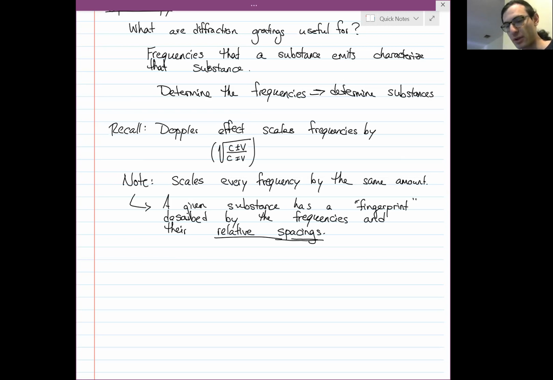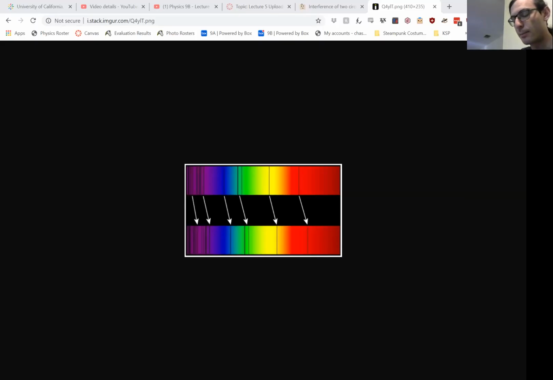A quick image. I'm going to do a new share really quick, just to this other tab. So this is an example of, I want to say the sun, but it doesn't really matter. The point is it emits light at most frequencies except at a few dark spots. That's at the top. If that thing is moving, all of those frequencies will be Doppler shifted.